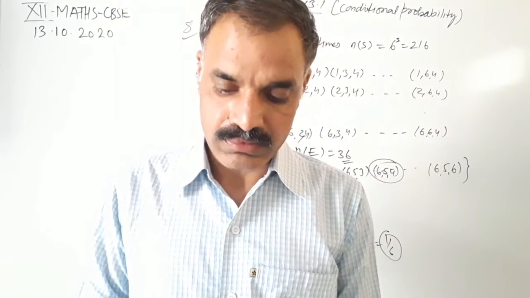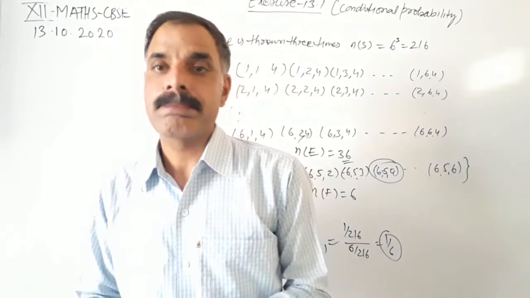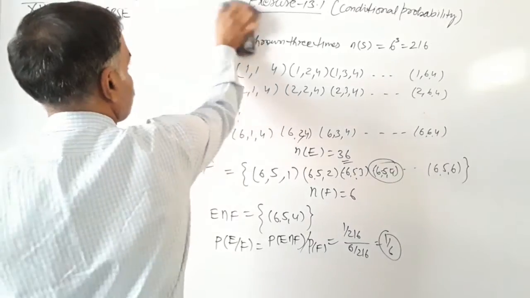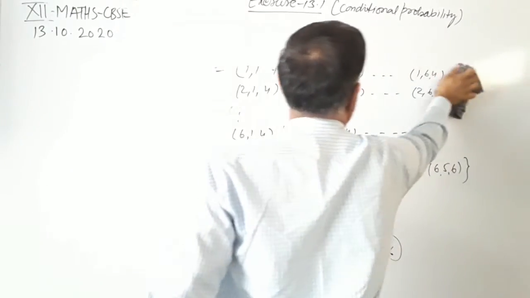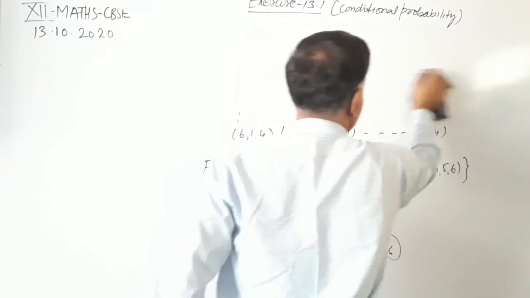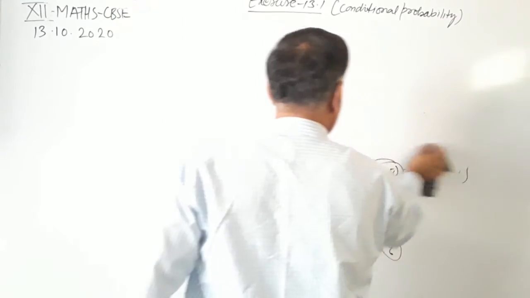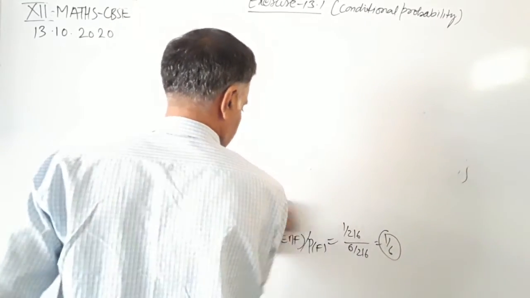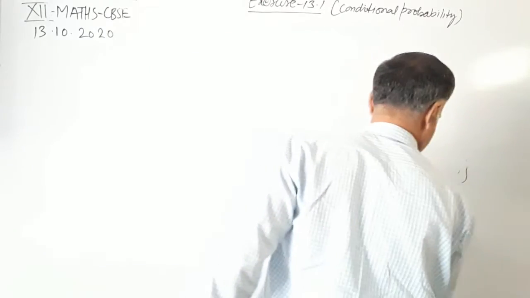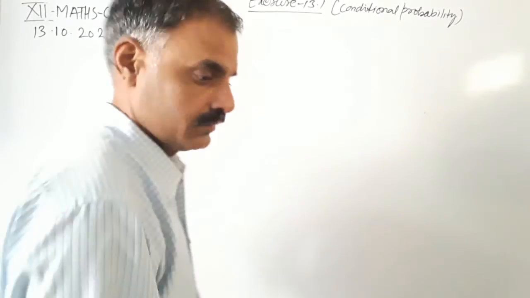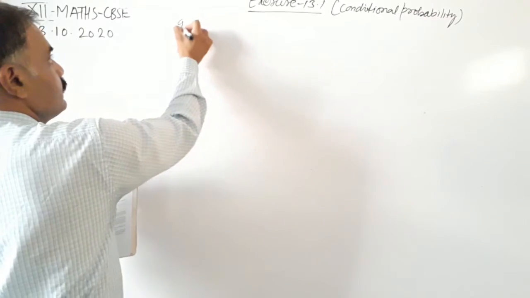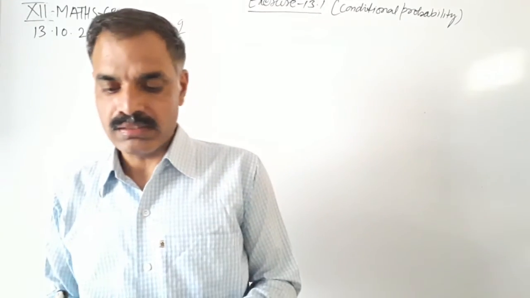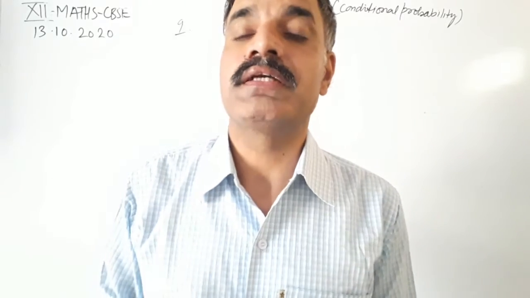Now let us take question number 9 of exercise 13.1. Question number 9 is: mother, father and son line up at random for a family picture.